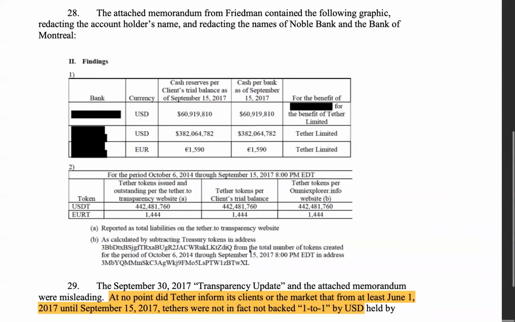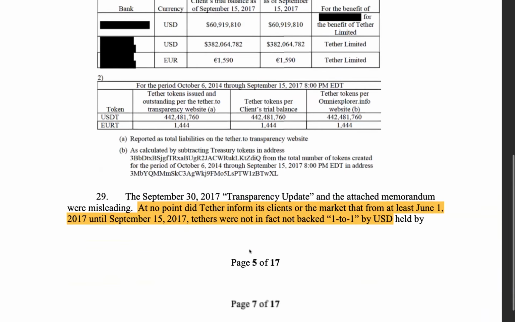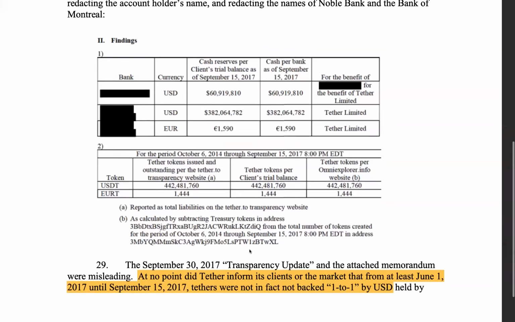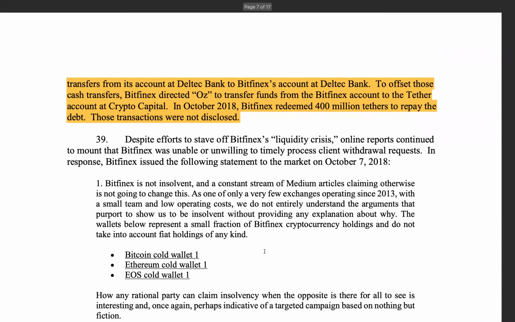We can see here that this is the audit. They found the money. All's well, right? But at no point did Tether inform its clients or the market that from June 1st until September 15th, they were not actually backed. So that is why people do not really trust them.